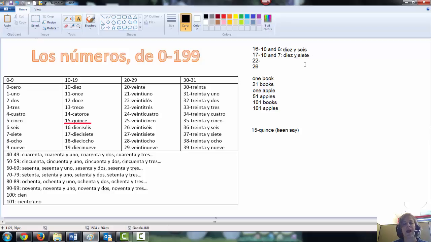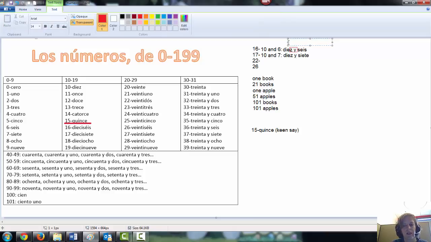For the teens, you can actually mush your two words together to make one word. And so what you'd be mushing together is the Z and the Y. So when you mush them together, you're going to change your Z to a C and your Y to an I. Okay?